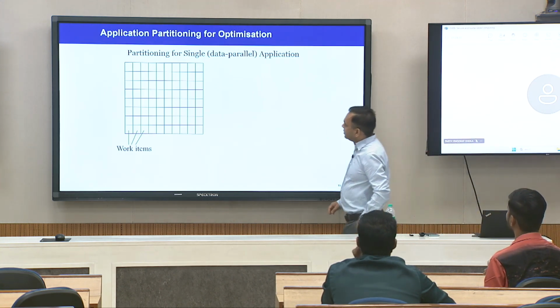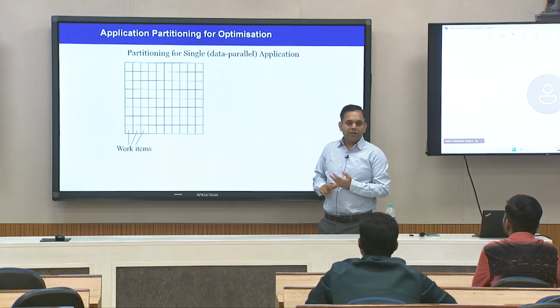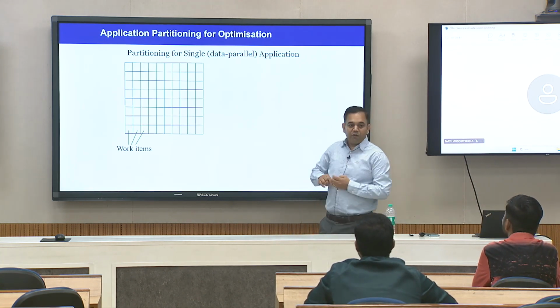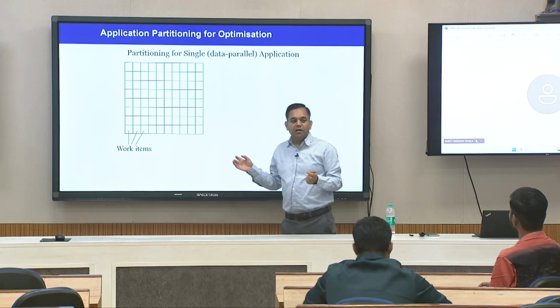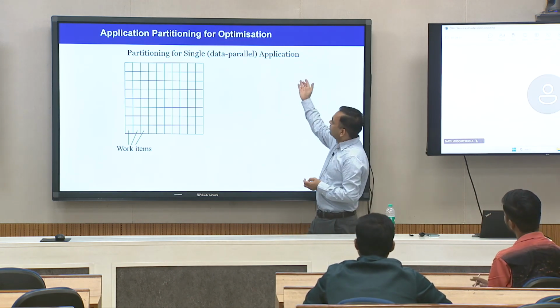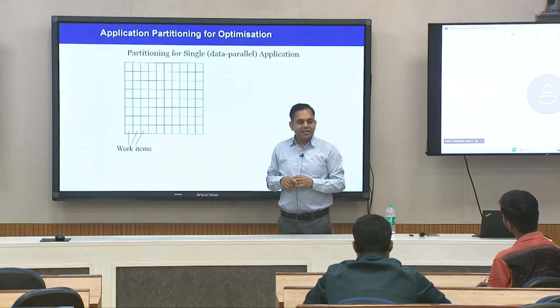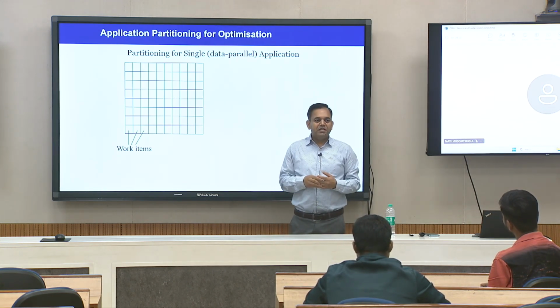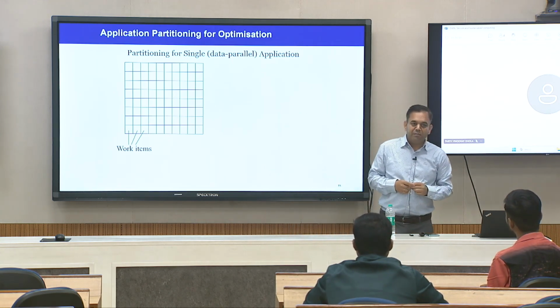Okay, so we saw basically two controls, DVFS and mapping. The third one we can think of is partitioning. Typically you have this kind of workload. The applications are typically represented as data parallel, so that means there can be many processes happening at the same time.